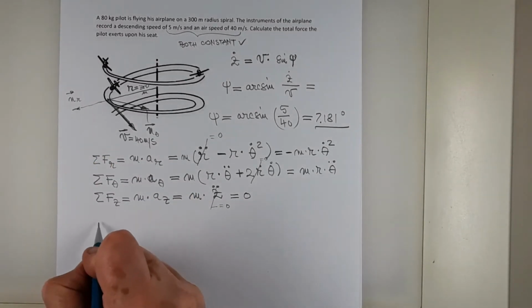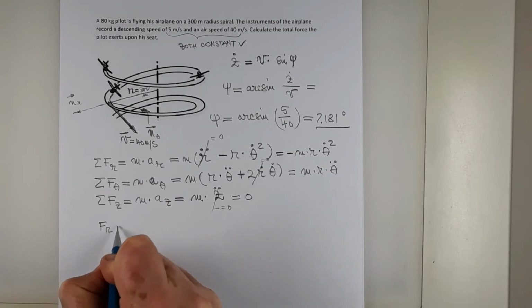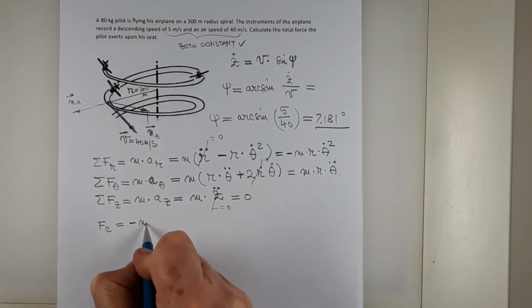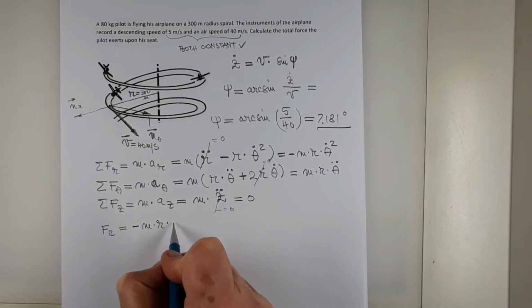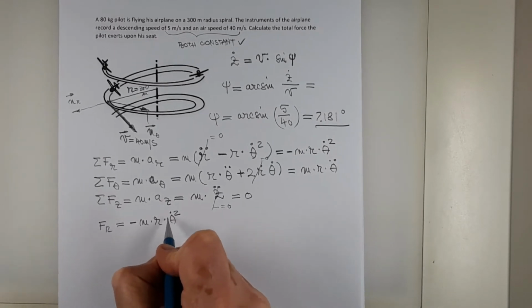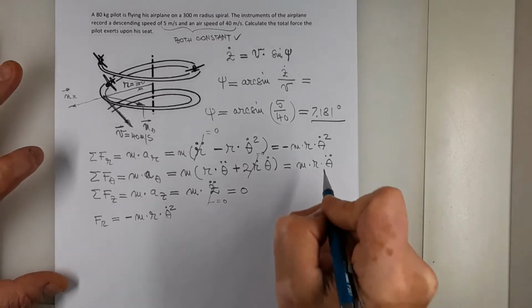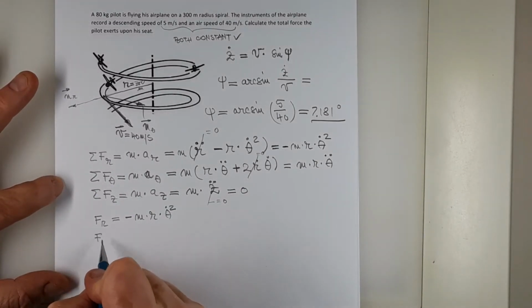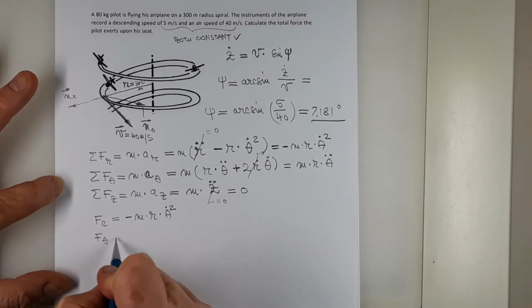It's going to be the reaction force from the seat R, and this is equal to mass times r times, and we'll need to find theta dot, theta double dot at some point, force in the theta direction.